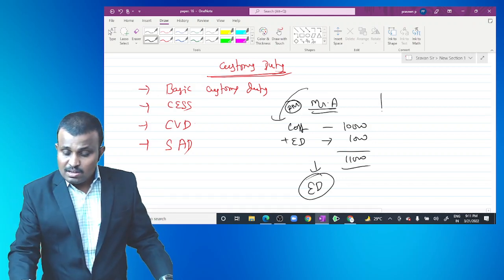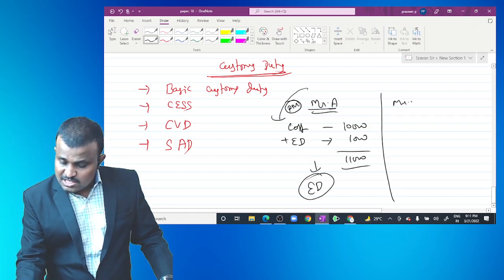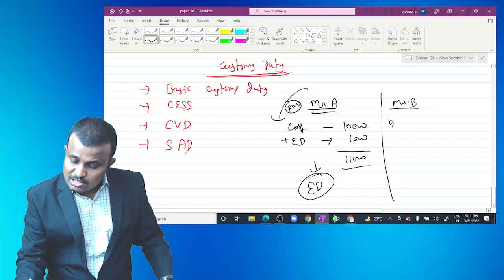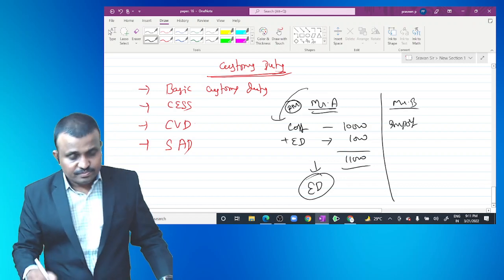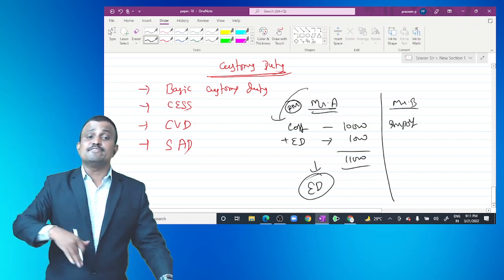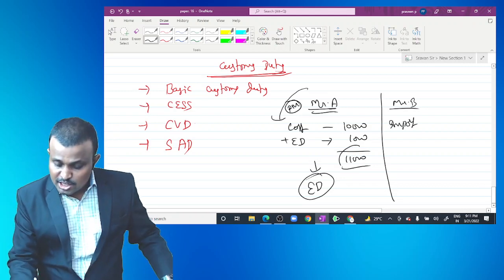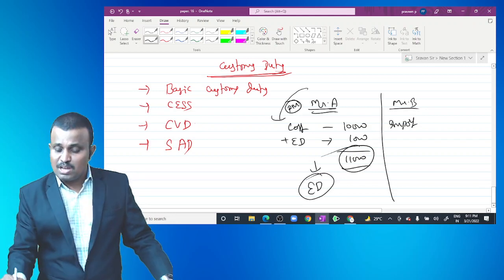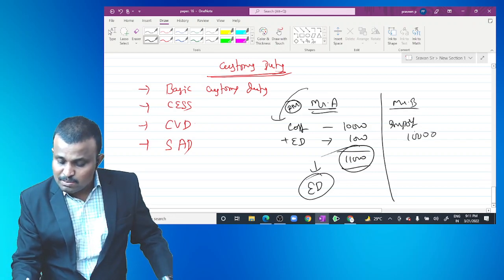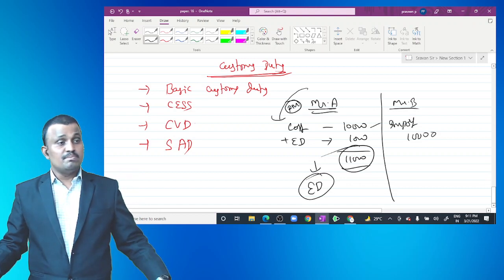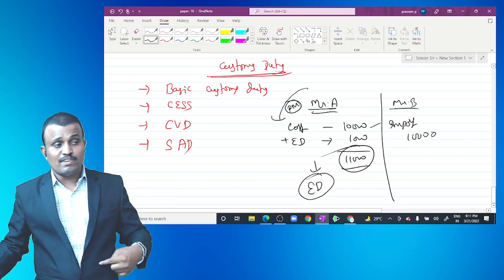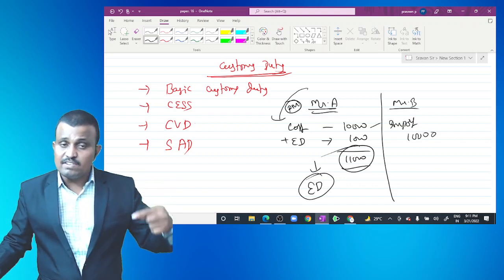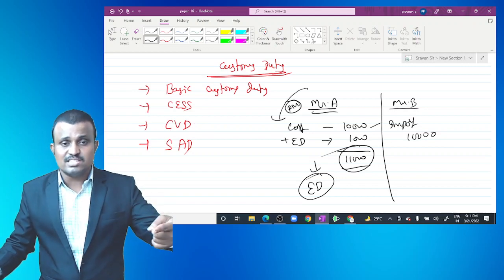Excise duty. But for example, Mr. B imports the product directly from outside India. Means this finished product is directly purchased from outside India. Then the product is available at what price? 10,000. Because the product is not manufactured in India, our central government does not levy the excise duty.